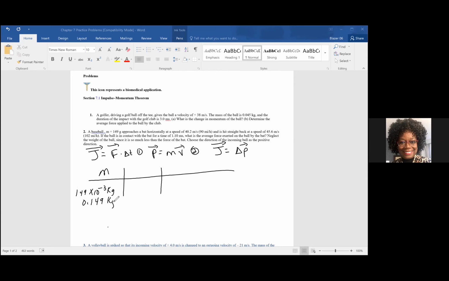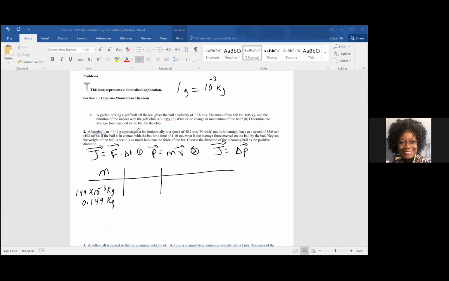So on your equation quiz, you have there that 1 gram is 10 to the minus 3 kilograms. Okay, 1,000th of a kilogram is a gram because it takes 1,000 grams to make 1 kilogram.